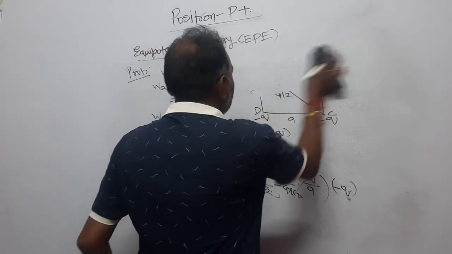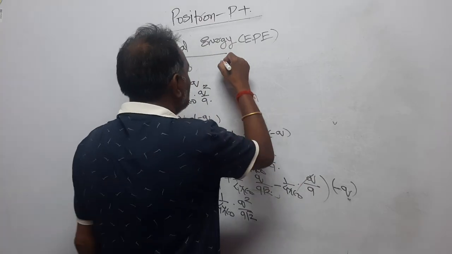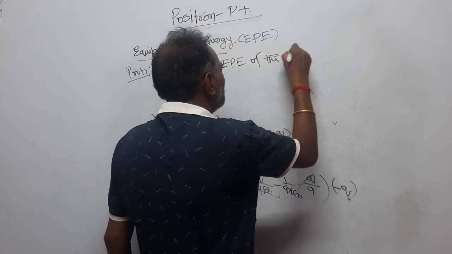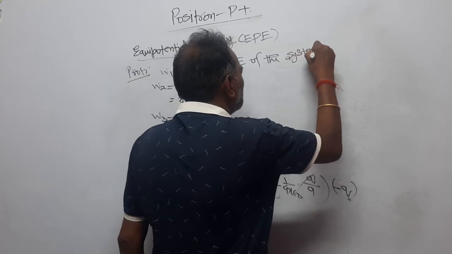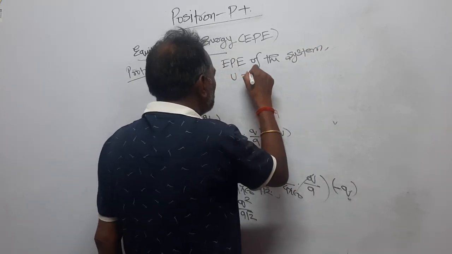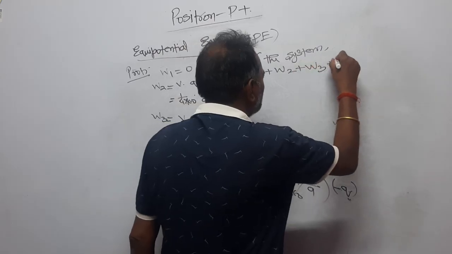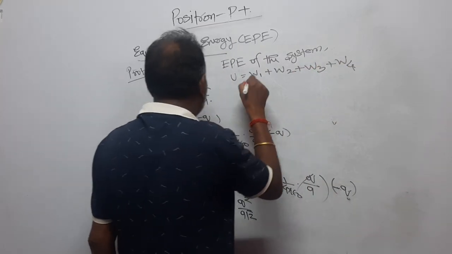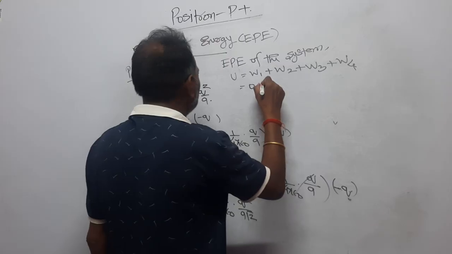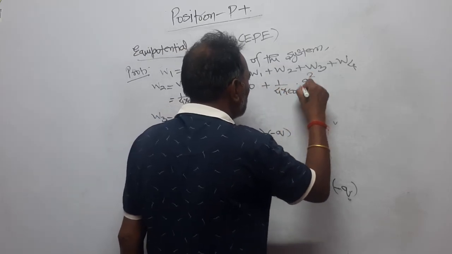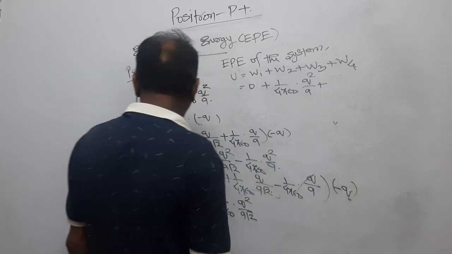Now EPE of the system, U is equal to W1 plus W2 plus W3 plus W4. Simply you have to consider the algebraic sum. W1 is 0, W2 is 1 upon 4 pi epsilon naught Q square over A, plus W3.